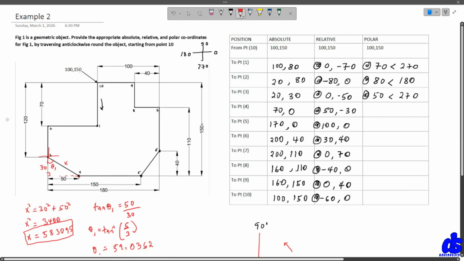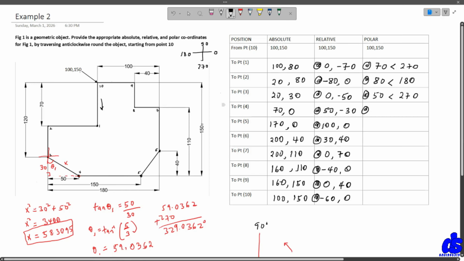Now the angle is going to be 270 plus theta 1. So the actual angle is going to be 59.0363 plus 270, and that's going to be 329.03.